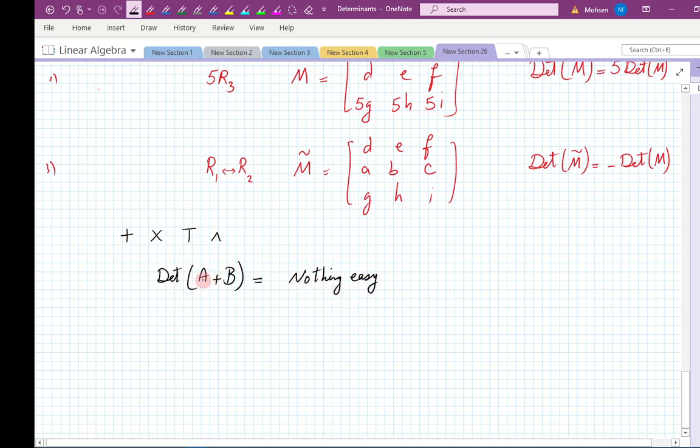If there is something very special about A and B, if A and B are the same except for one row, what does it mean?